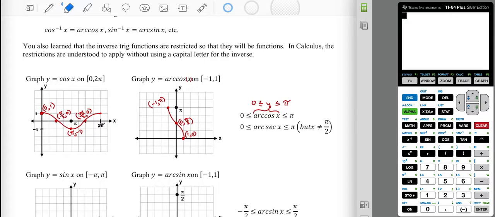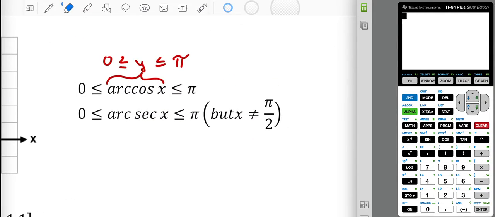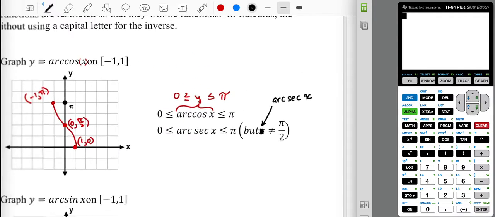But it can't exist at, apologies, y can't exist at pi over 2. So I'll actually just write arc secant of x cannot be equal to pi over 2.